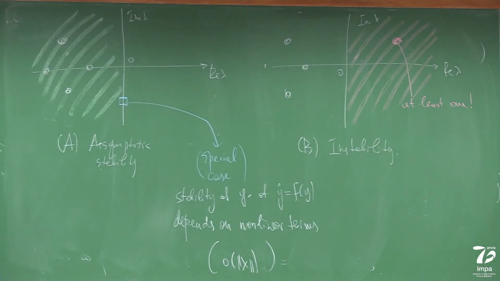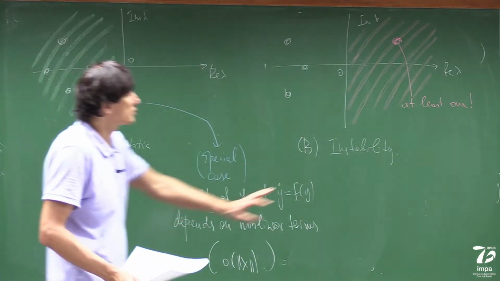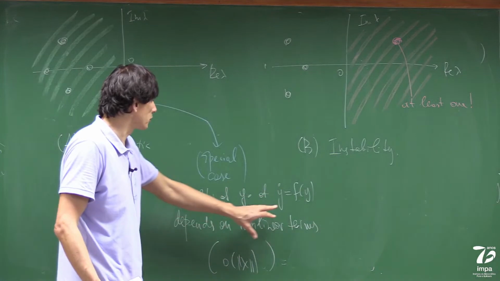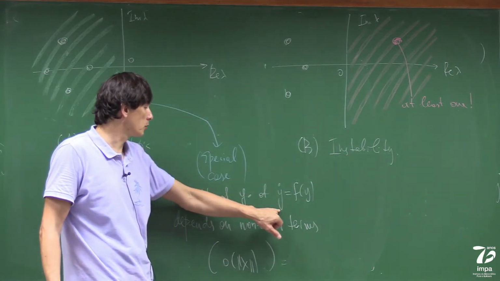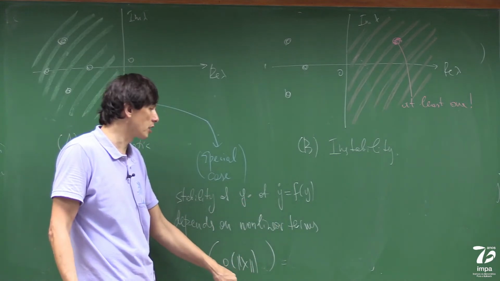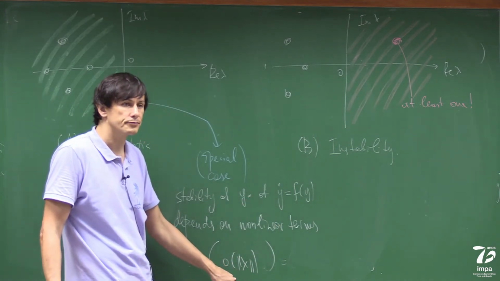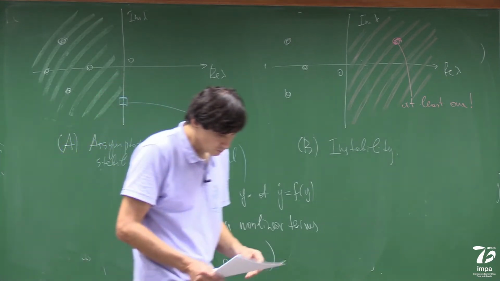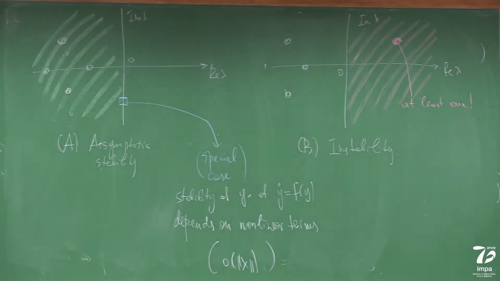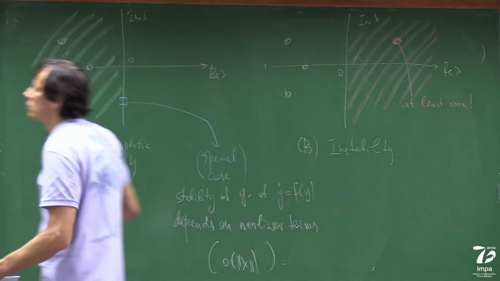So in that case, the information that I get from the linear system is not at all important for deciding if the nonlinear equilibrium is stable or unstable, because everything can be changed by nonlinear terms. And we will see some situations of this. So that's a general theory, and essentially this is it. What you have to remember is these pictures.